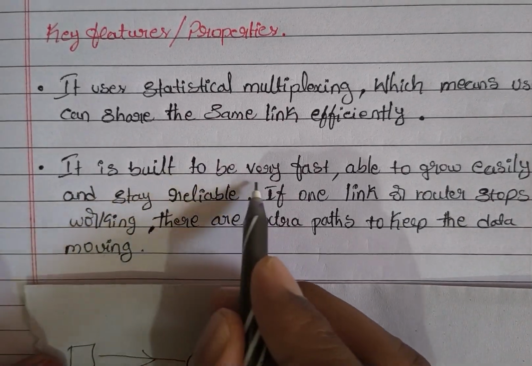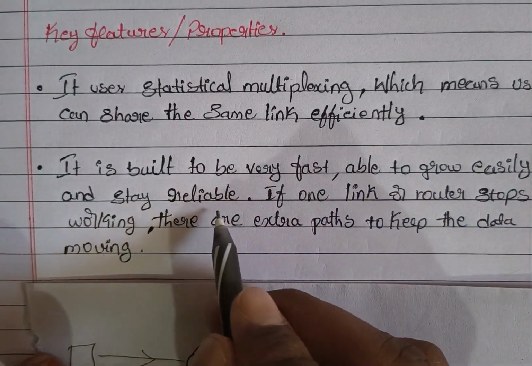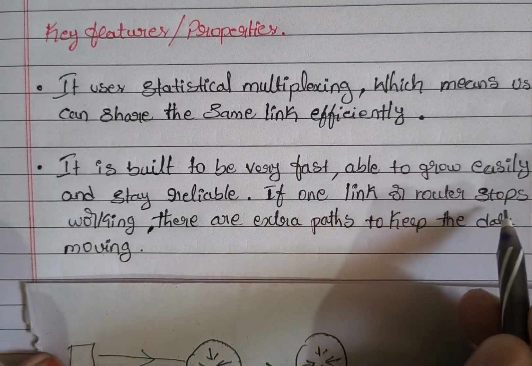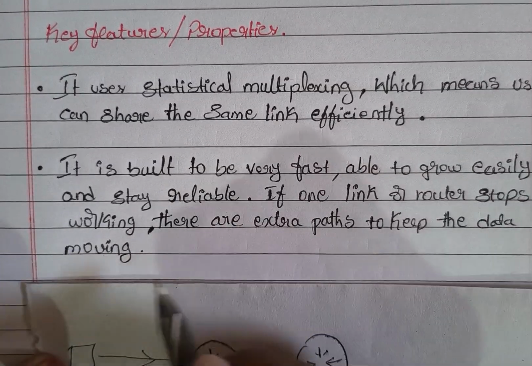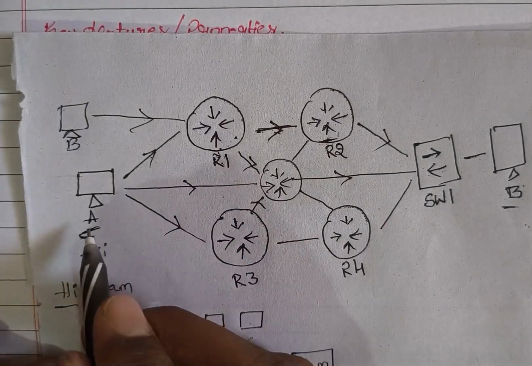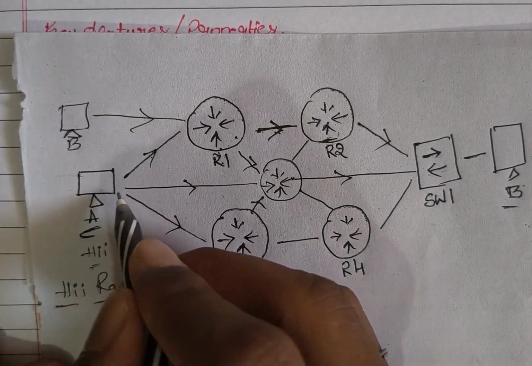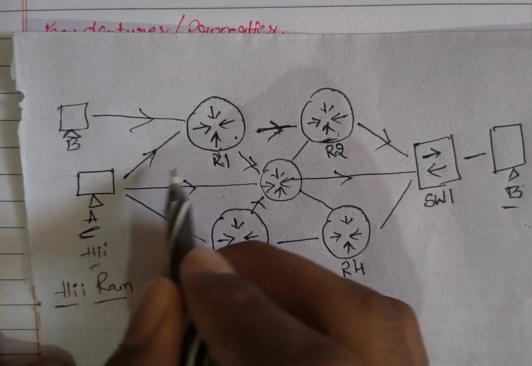It is built to be very fast, able to grow easily and stay reliable. If one link or router stops working, there are extra paths to keep the data moving. For example, system A sends the hi message to R1.